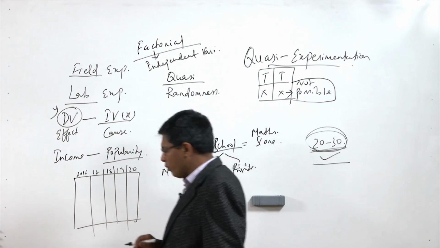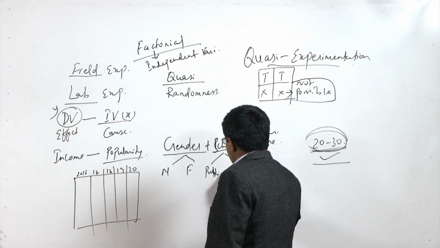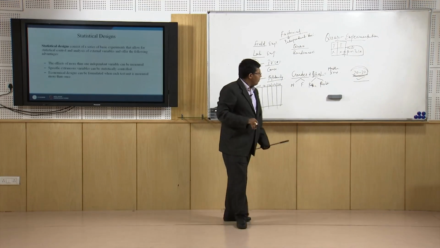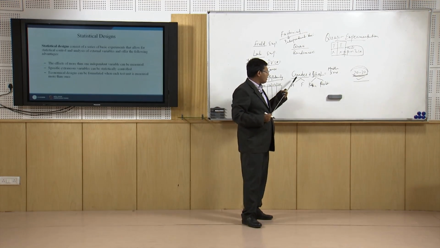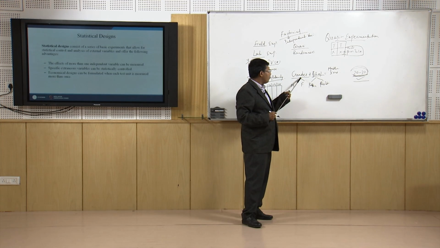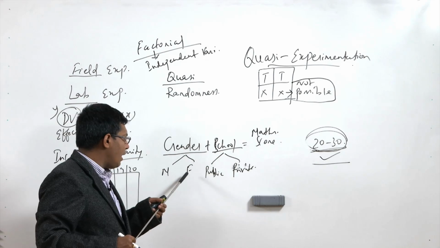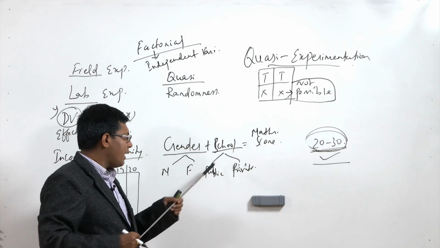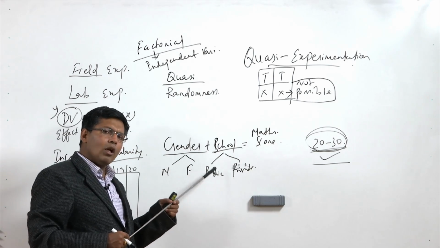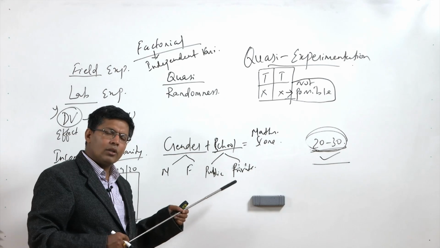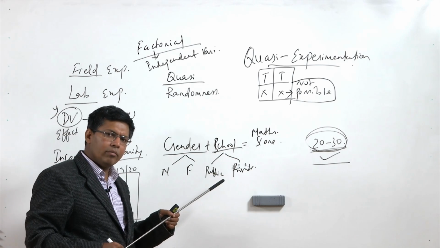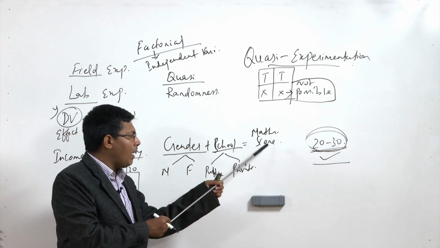I do not want to get into other types, so, public and private. Now I want to check the effect on people's scores. I feel that, one, gender has an effect on the math score. Second, the type of school also has an effect on the score people get in maths.